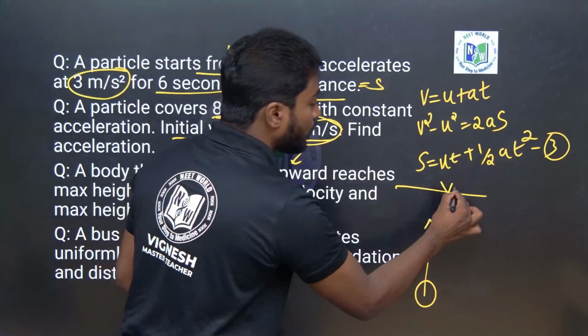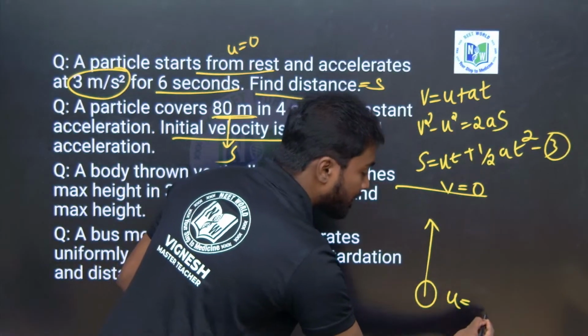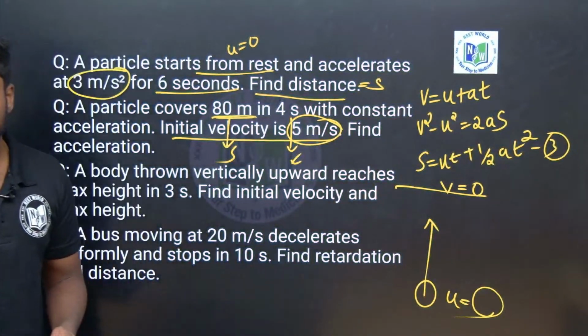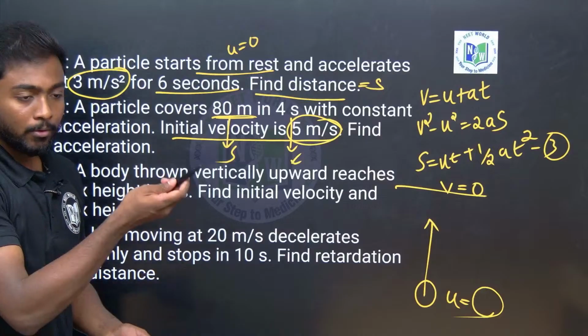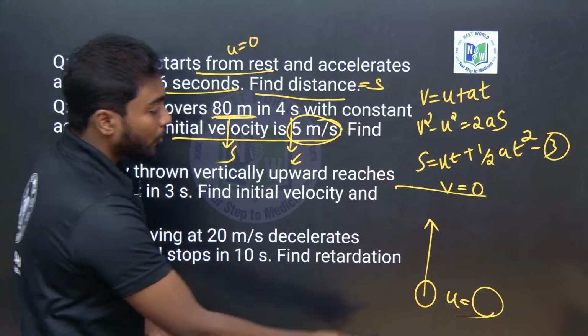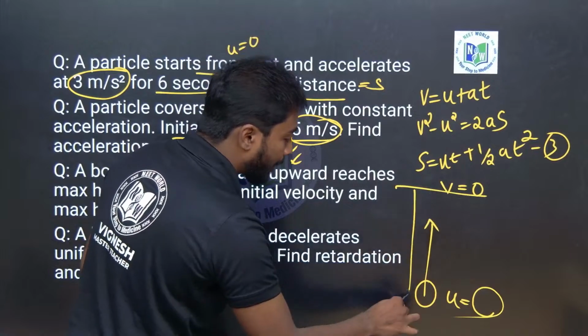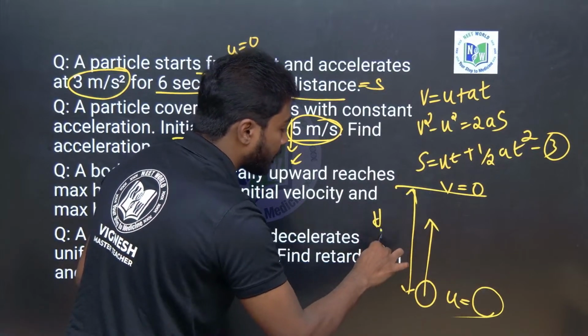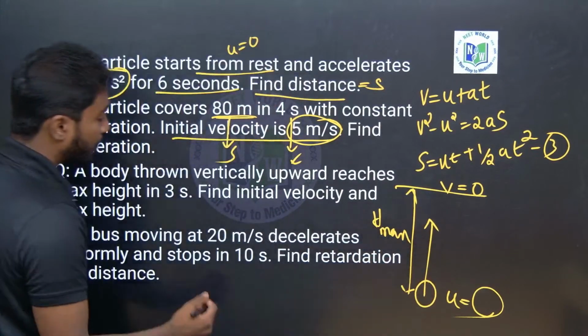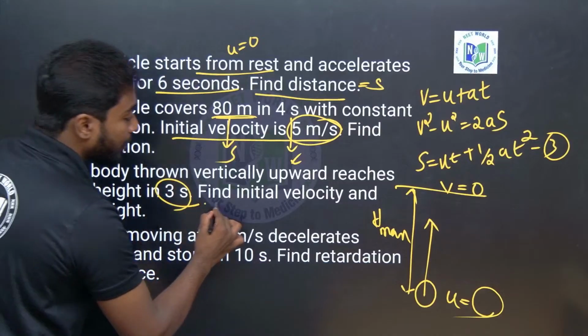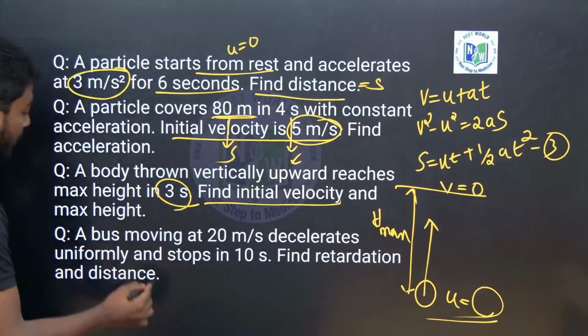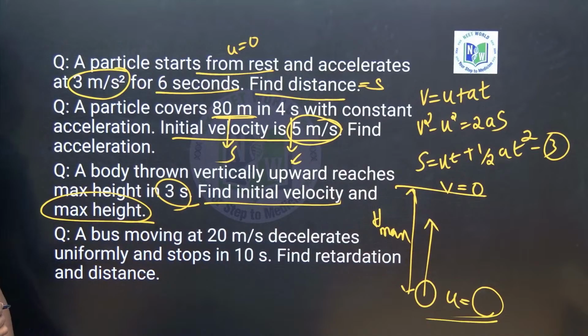Velocity will be equal to 0. Initially there will be some velocity, right? Without velocity I can't throw any object. So after going upward, this is the maximum height, h max. Time is given as 3 seconds. Find the initial velocity, and how much distance it has travelled.